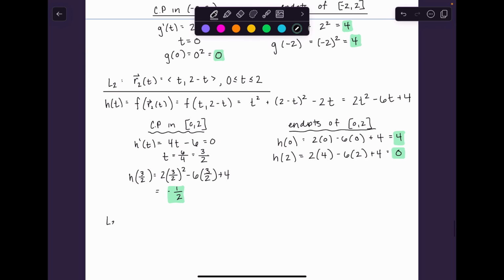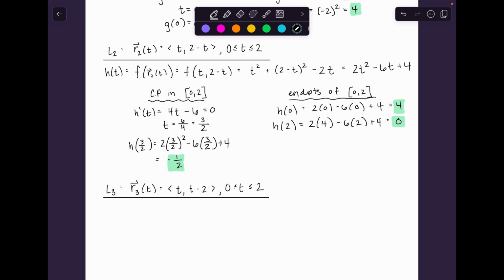One last line to go, line 3, which is given by the vector function t, t minus 2. And then our t is varying between the same values, 0 and 2. So starting out by figuring out the function corresponding to this, let's call it k of t.